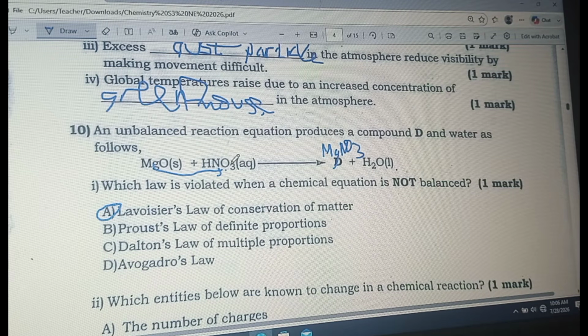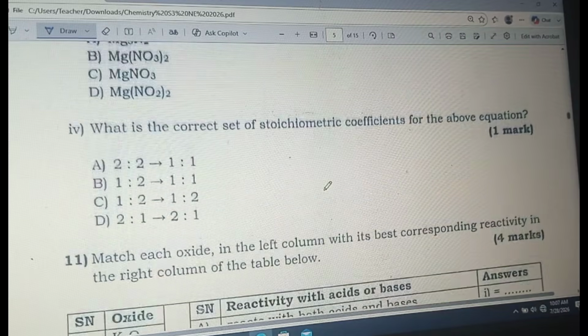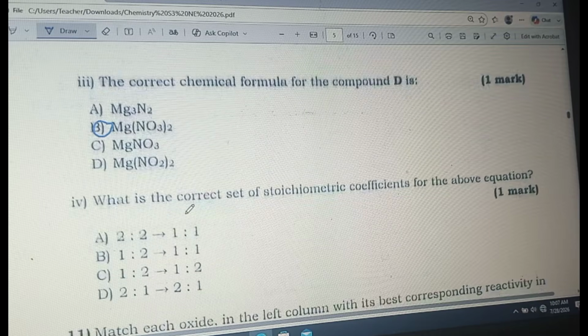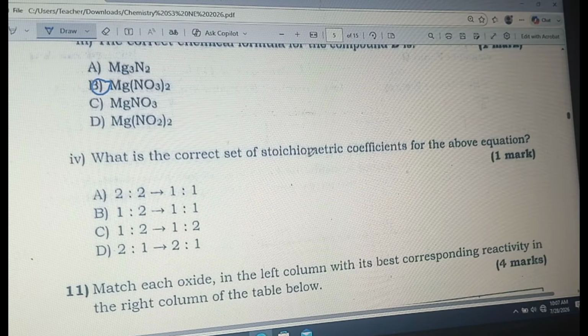Nitrate is a radical, it has one valency. Magnesium has two valencies, so it takes two nitrates. The correct answer is this one, B, magnesium nitrate.